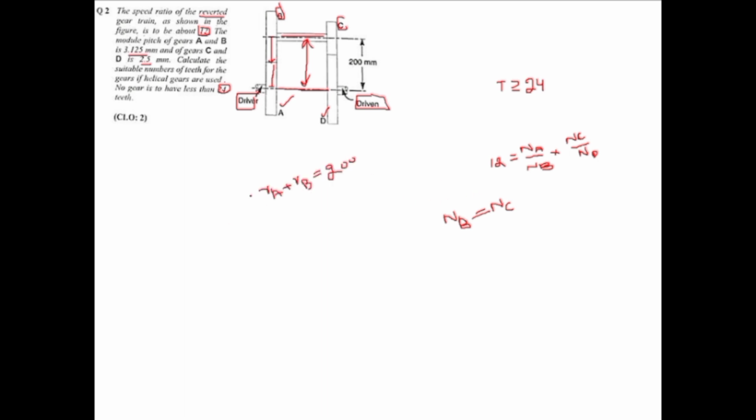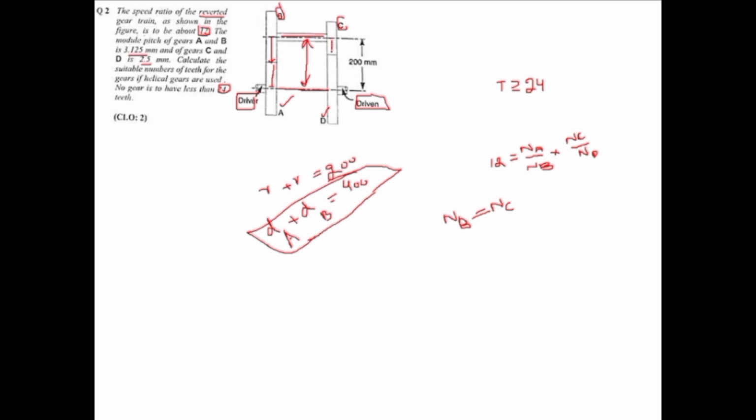Now if you multiply 2 on both sides, this will give you dA, which is the diameter of gear A, and this will give you the diameter of gear B, and this will be 400. So this is one equation that you should remember.